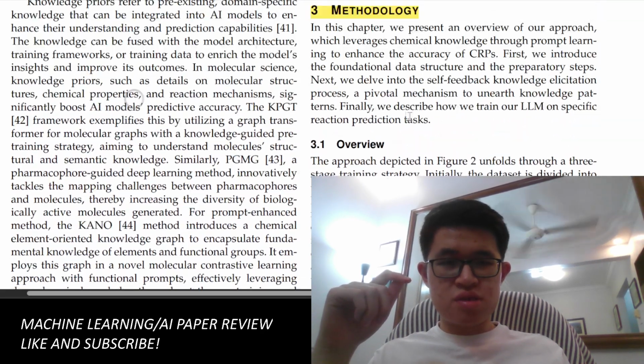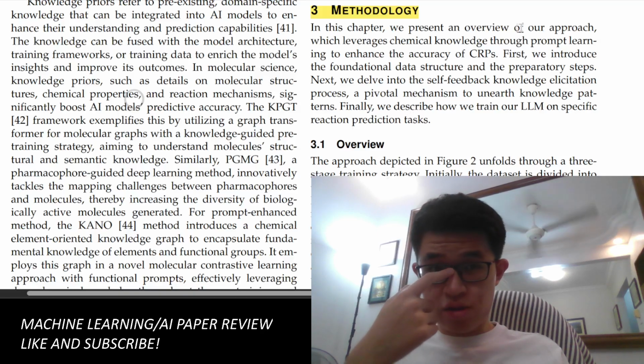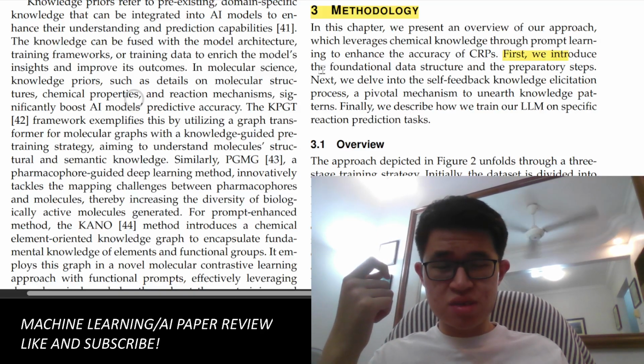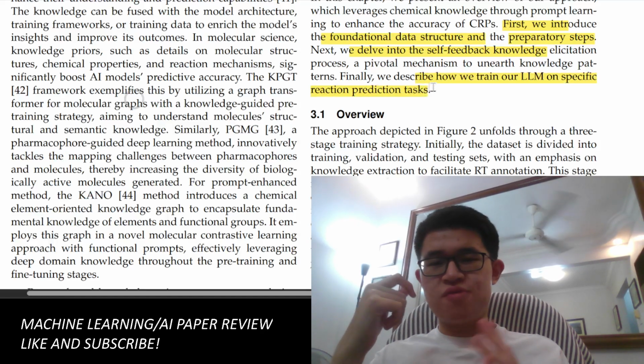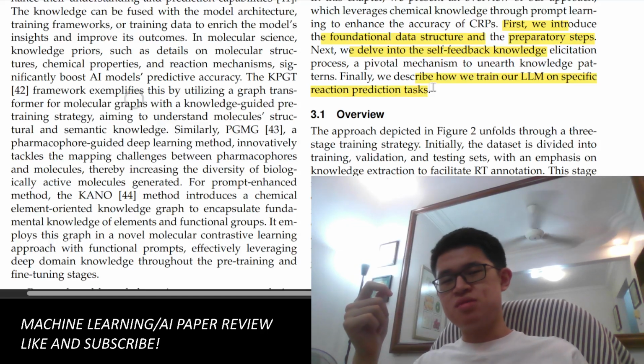Let's start off with an overview. First they will introduce the foundational data structure and how they prepare it, and next they will go into the self-feedback mechanism process. And finally they will say how they train their LLM on specific reaction prediction tasks.